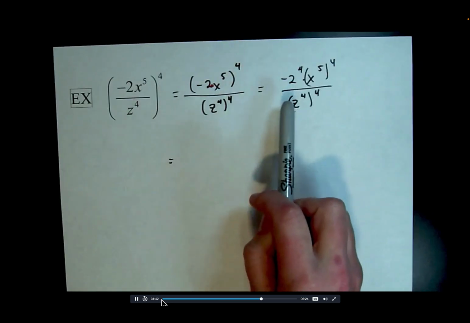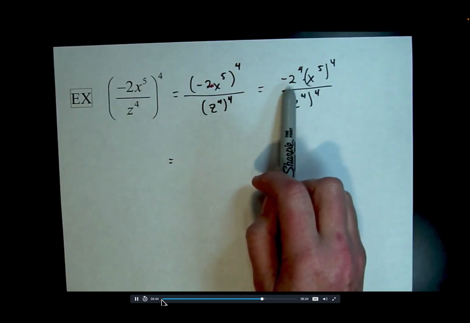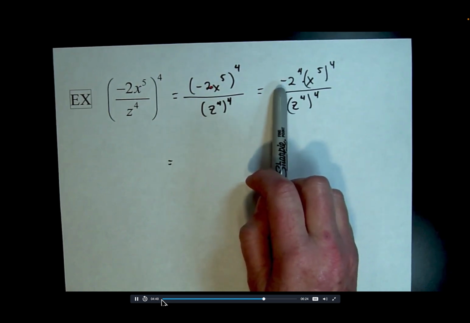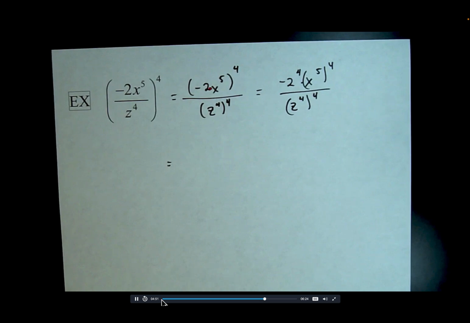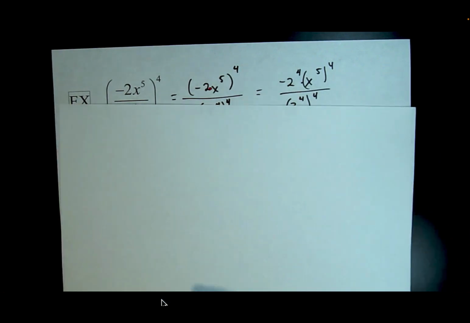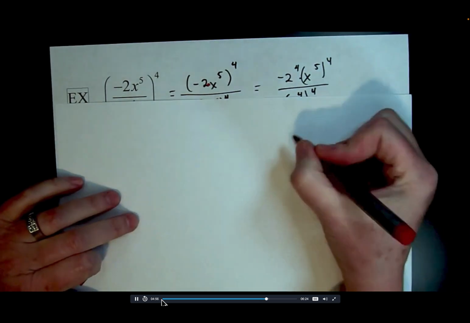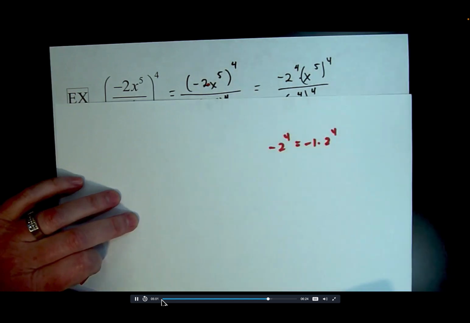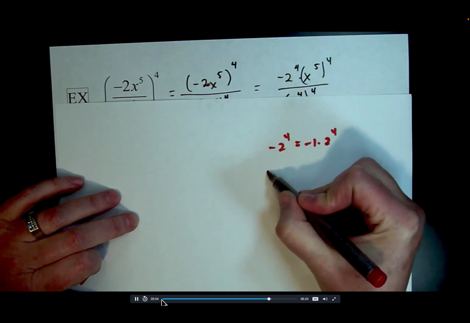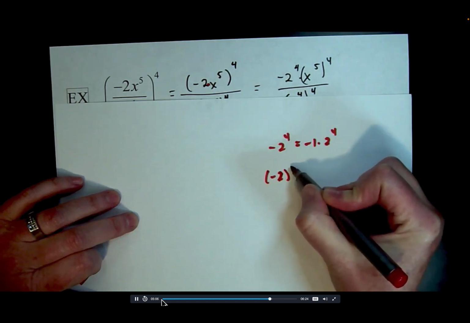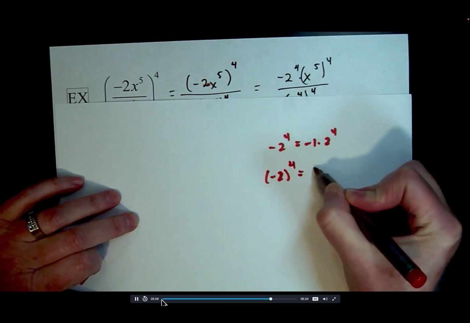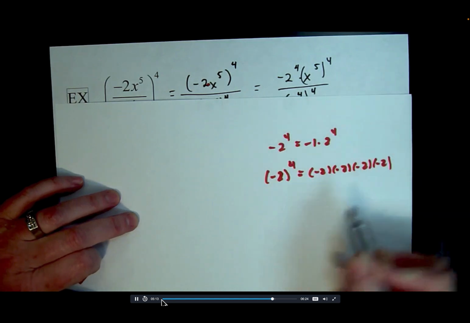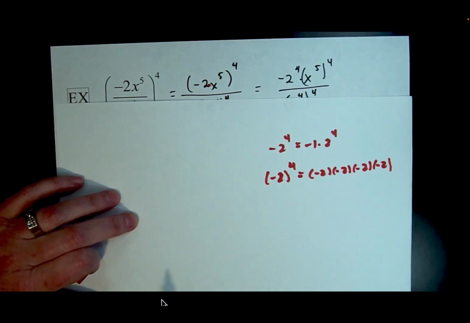Remember, when I write it this way, the base on the exponent is 2, and then you have a multiplication by -1. Just a quick reminder: -2 to the 4th power means do -1 times 2 to the 4th power. If I want to say I'm doing the whole negative 2 to the fourth power, in other words, negative 2 times negative 2 times negative 2 times negative 2, I have to put the negative 2 in parentheses.